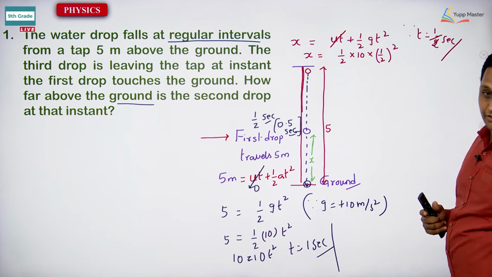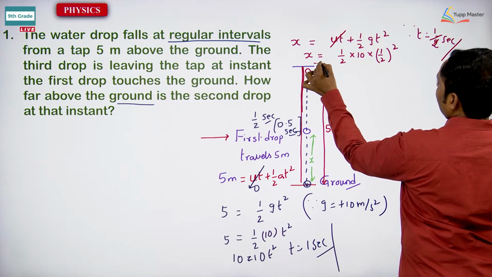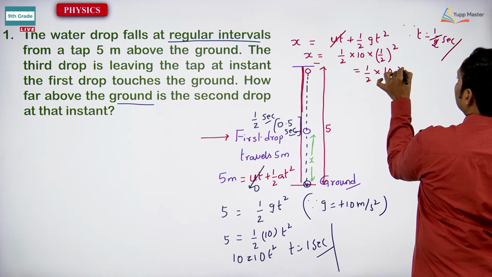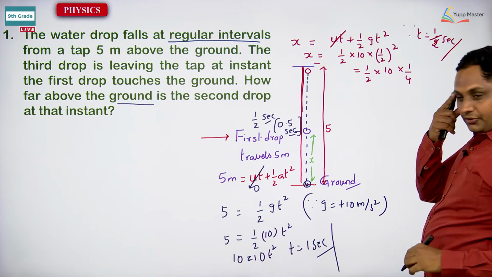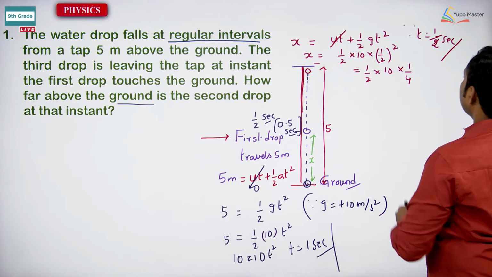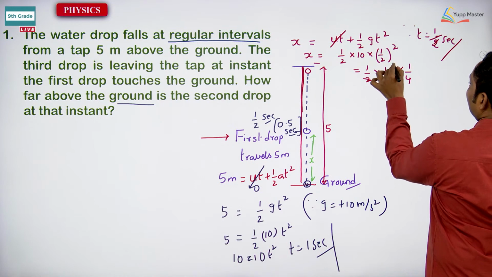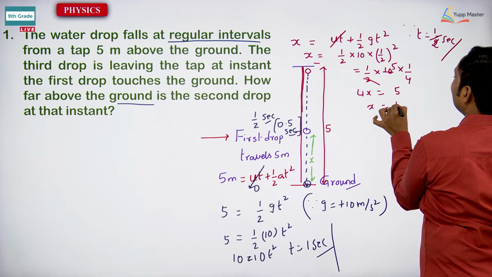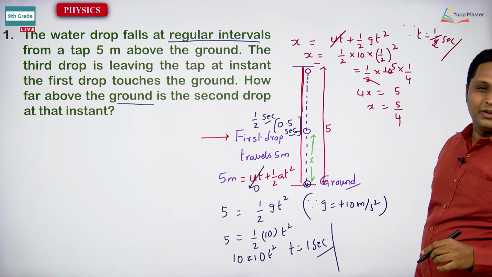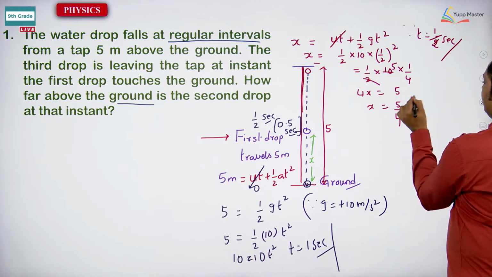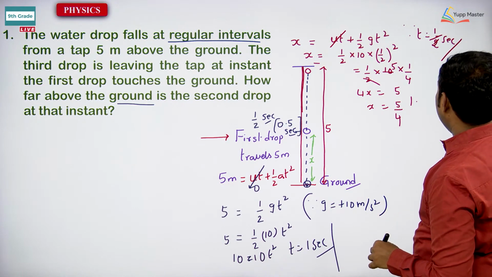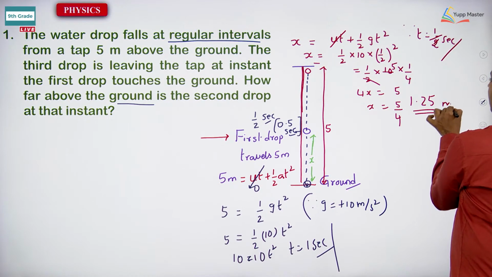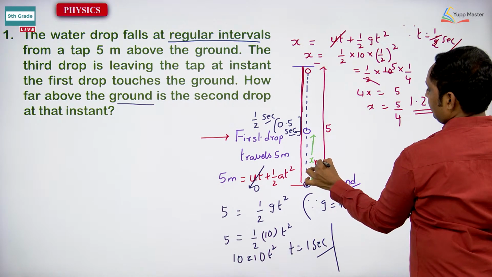That is 1 by 2 into 10 into 1 by 4, so 4x is equal to 5, and x is 5 by 4, that is 1.25 meter.